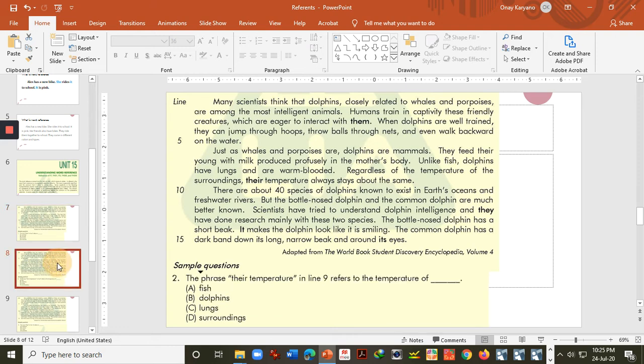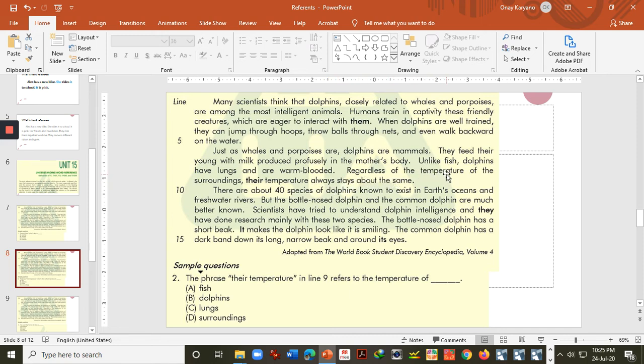Okay, yeah. Now let's move to number 2. The phrase their temperature in line 9 refers to the temperature of. Ini their temperature berarti possessive. Okay, ini ada line 9 ya gampang. Ini 10 and then 9. Oh, their temperature. Okay. Now kita baca: regardless of the temperature of the surroundings, their temperature always stays about the same.